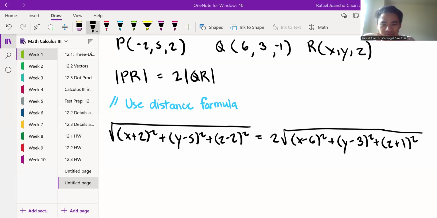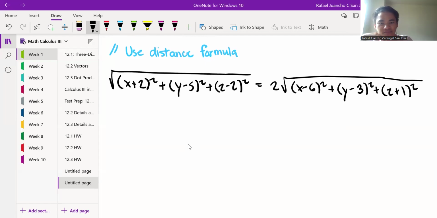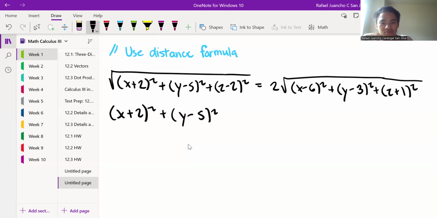And then we get rid of that square root there. So copy this. This is 4, because remember, we squared both sides, so this is now 4.